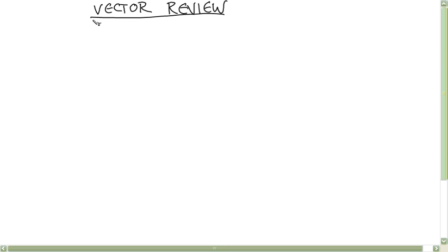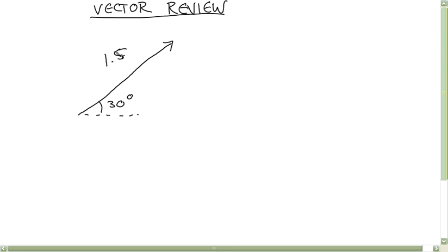Okay, so this is a vector. It lives in math land, but we pretend it lives with us. So maybe we'll say this has a length of 1.5 meters, and it makes an angle of 30 degrees with the ground, okay? That's what a vector is.